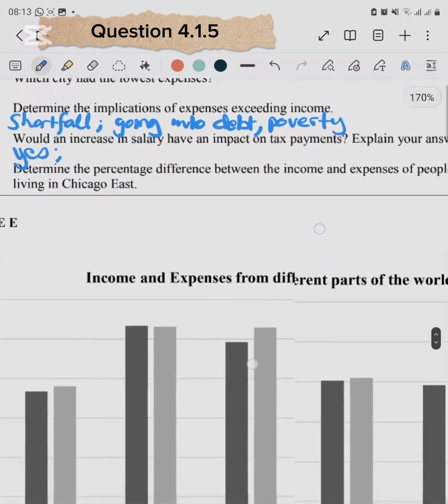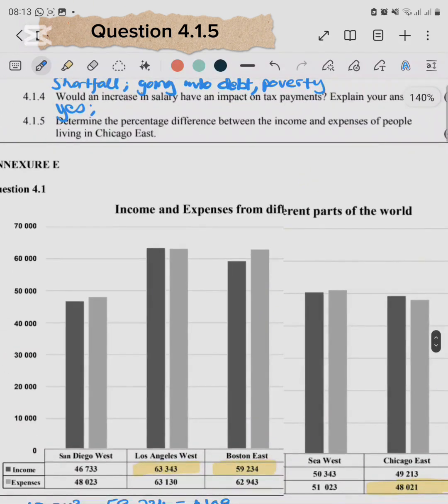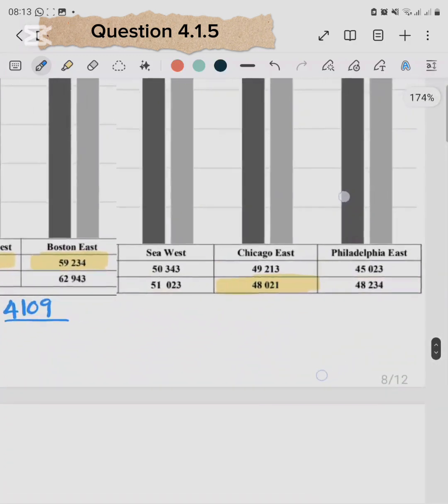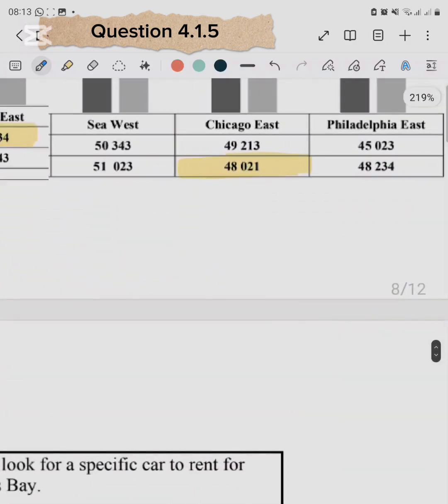Then they said the percentage difference between income and expenses of people living in Chicago East. So we need to go and look at our values for Chicago East. There they are. And the percentage of difference between the two is our percentage change formula. So 49213 minus 48021.